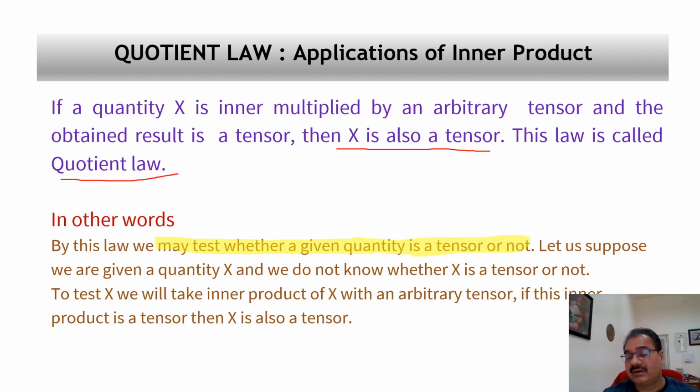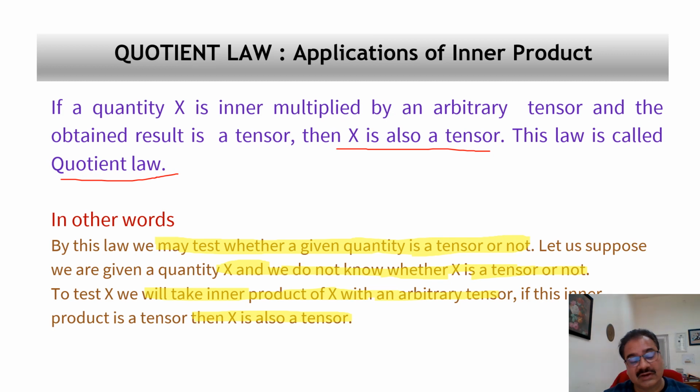Let us suppose we are given a quantity capital X and we do not know whether it is a tensor or not. To test capital X, we will take its inner product with an arbitrary tensor. If this inner product is a tensor, then capital X is also a tensor.